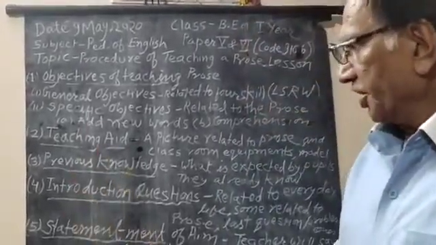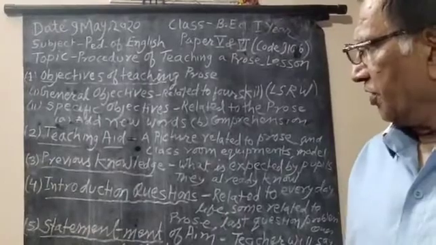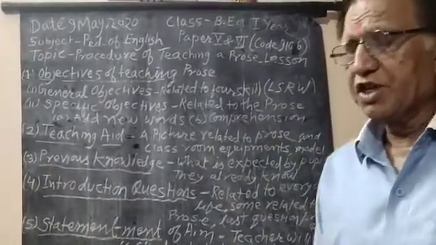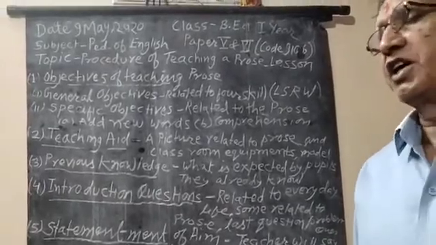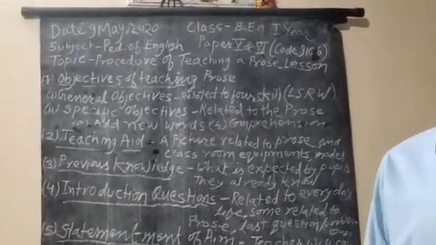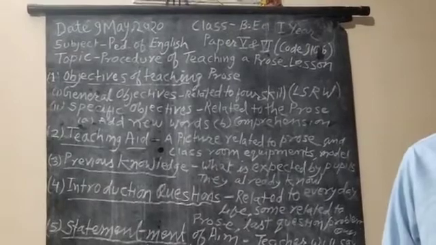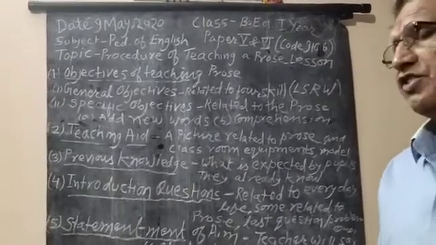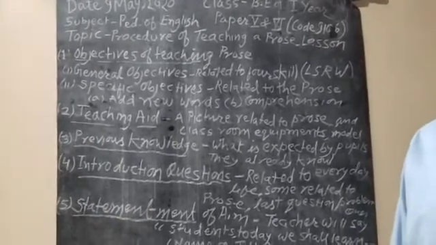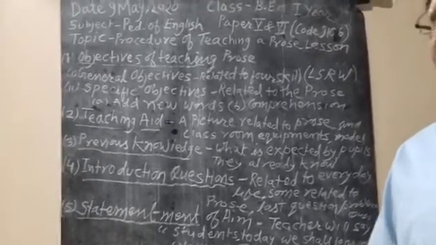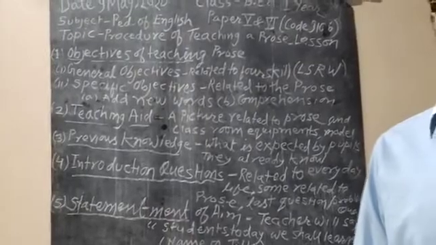These are teaching aids. Third, previous knowledge. Previous knowledge means before teaching the lesson, what is expected from the students. Like in 7th class or 8th class, we can write, the students can understand and speak simple English sentences.